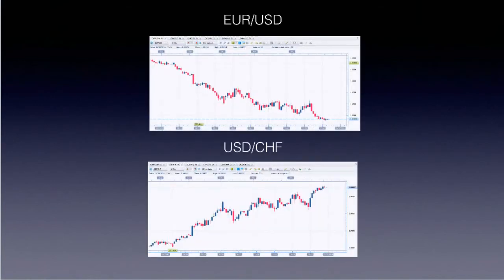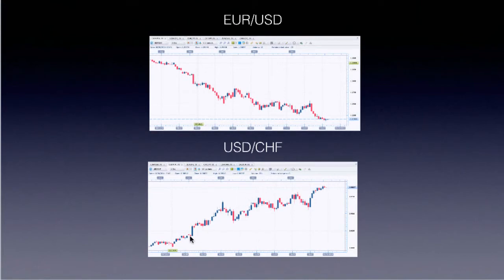So we're going to look at the Euro US dollar and the US dollar Swiss franc. And if you look at these two charts, you will see that the Euro chart at the top shows price is pretty much moving towards the downside.